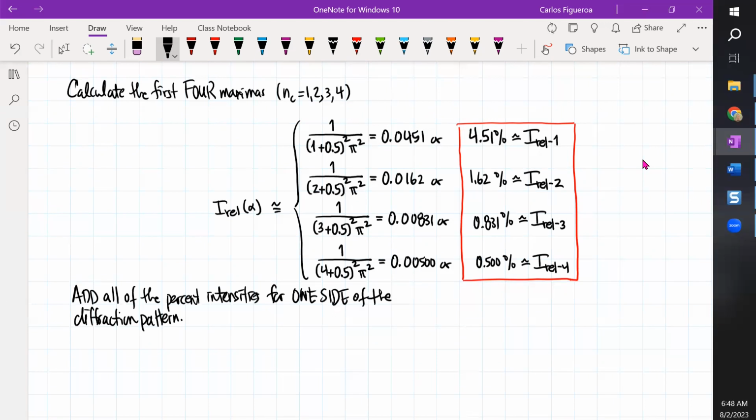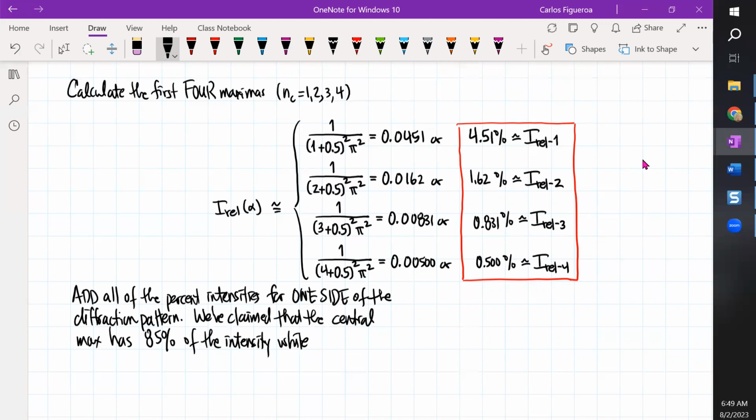The reason we want to do this is because we've claimed that the central max has 85% of the intensity, while all of the remaining secondaries have approximately 15%. So let's see if this is really the case.